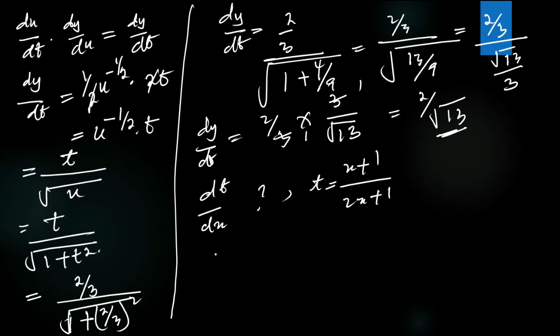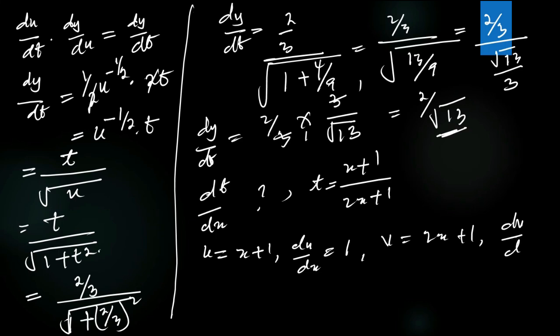So we're going to apply the division rule: if u is equal to x plus 1, my du dx will be 1. If v is equal to 2x plus 1, my dv dx will be 2.